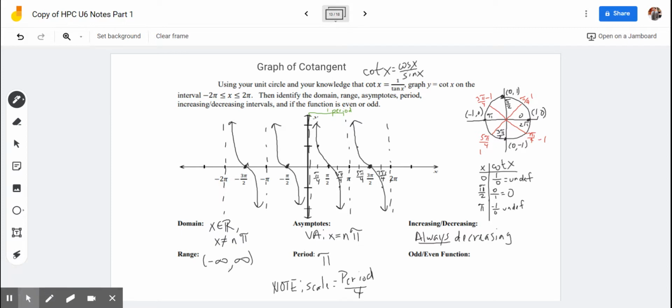I'm going to double underline that here, and again, whenever that function is defined. And then to check whether or not the function is even or odd, this function is technically an odd function. There's symmetry about the origin.